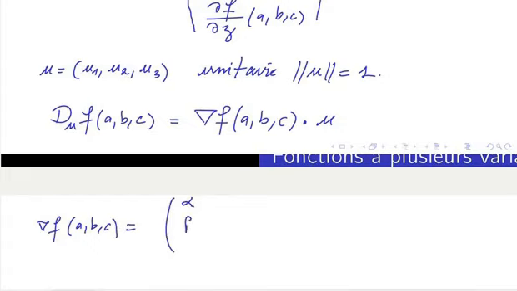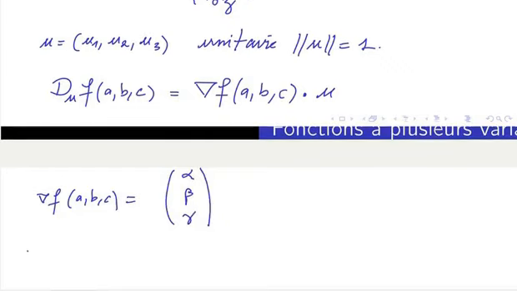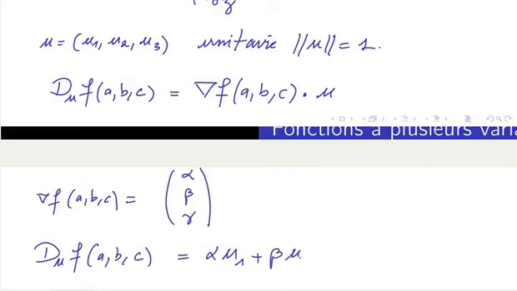We will call them alpha, beta, gamma. In this case, the derivative in the direction of vector u of f at point (a, b, c) becomes the dot product of this gradient with the vector u: alpha u1 plus beta u2 plus gamma u3.